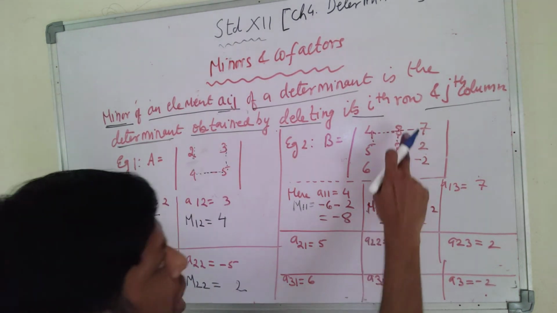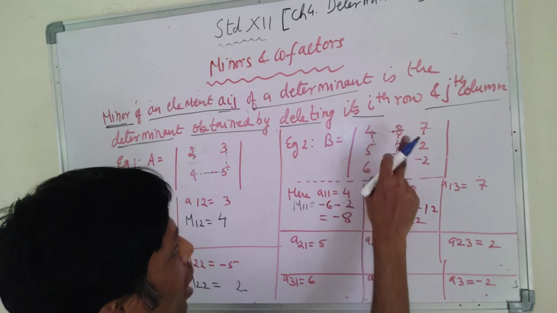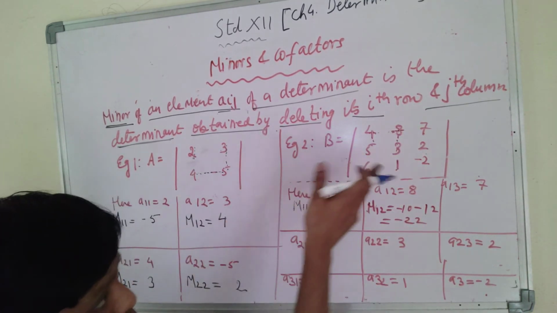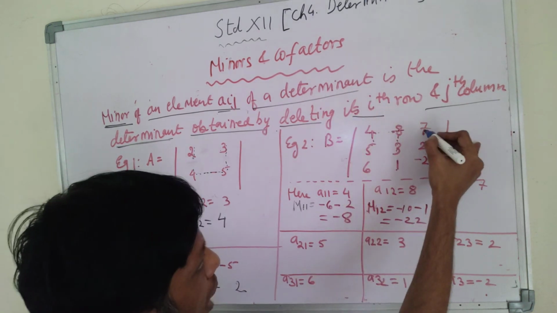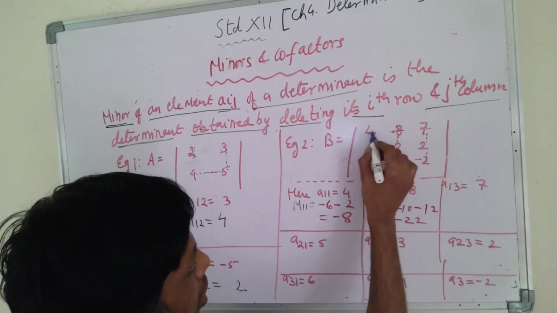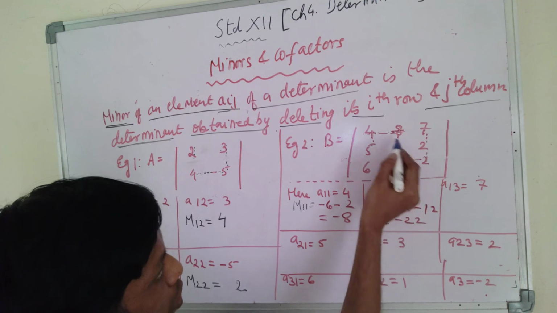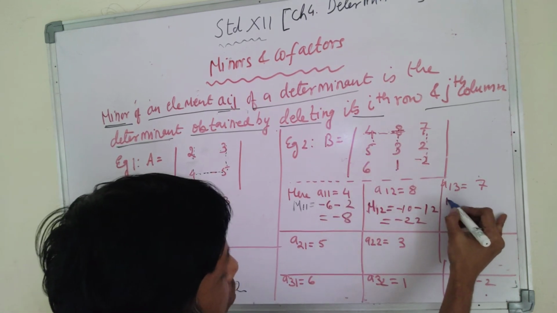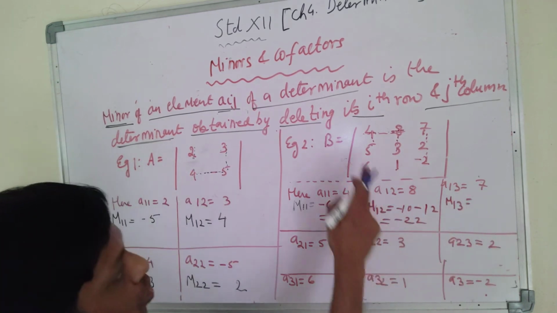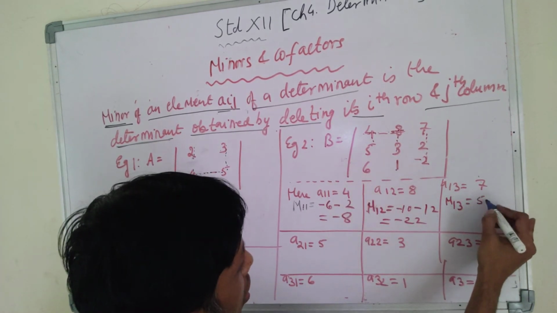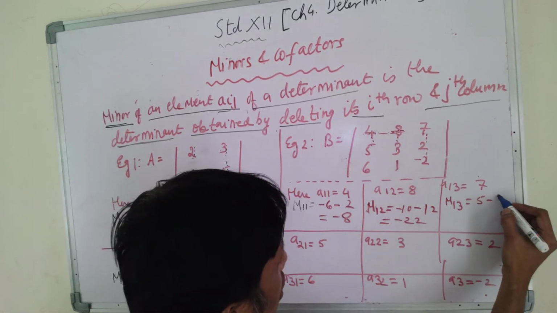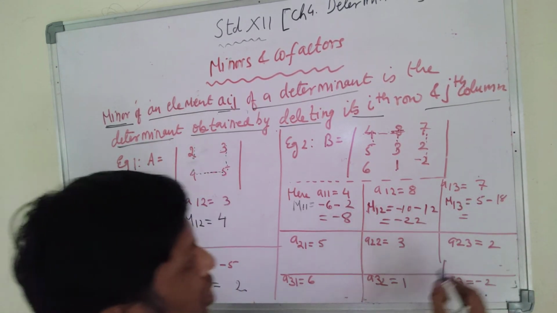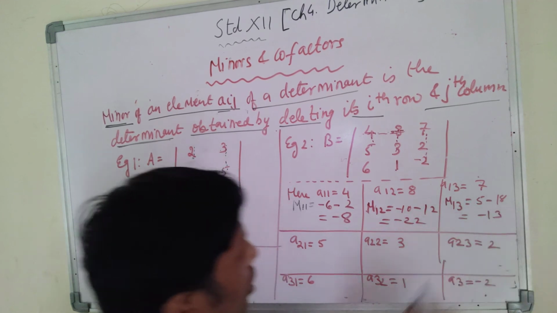Now let us find the minor for the element A13. A13 is 7, first row, third column. Hide the first row and the third column and take the determinant of the remaining. 5 ones are 5, that is M13. 5 minus 6 threes are 18, so 5 minus 18 is minus 13.